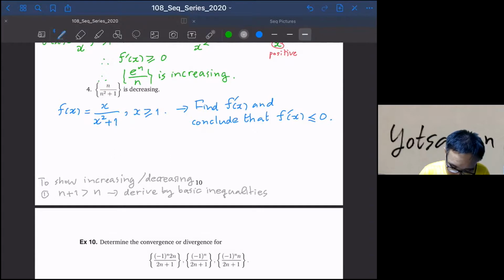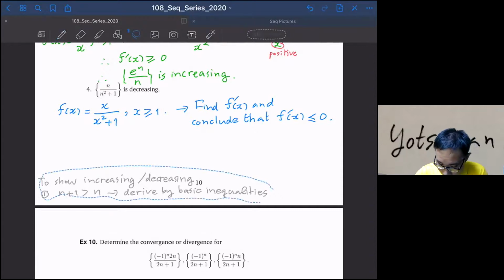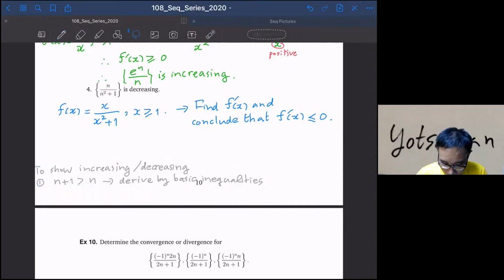And the second way is that you differentiate. If f prime of x is positive, it is going to be increasing.